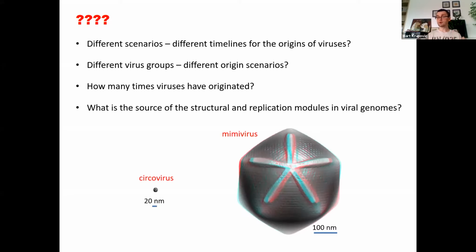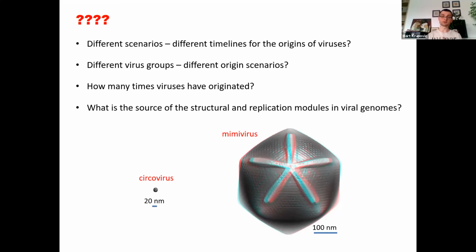And what we know about viruses, regardless of their size and complexity, is that all viruses have to contain two functional modules, and that is a must. One functional module is responsible for genome replication, and the other one is required for virion formation, right?